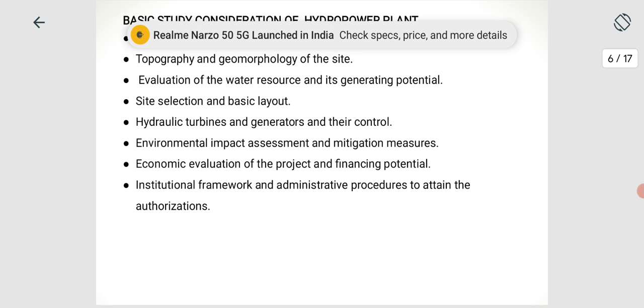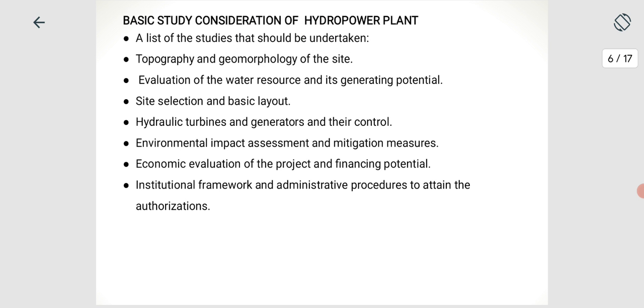So this is the basic study for the construction, or consideration, of hydropower plants.